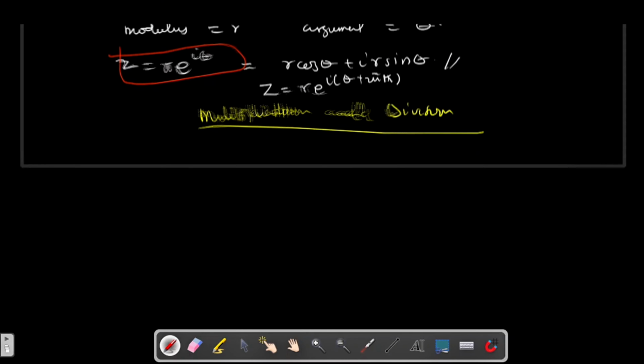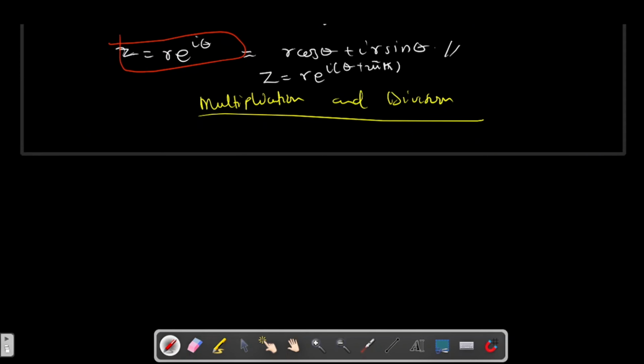Given any two complex numbers, z1 given as r1 e to the power i theta 1, and z2 given as r2 e to the power i theta 2, then my z1 z2 is simply equal to, whenever you are multiplying two complex numbers in the polar representation, you multiply the r's. That is, you multiply your moduli, so r1 multiplies r2, like this. Then the powers you add, so you have e to the power i open bracket theta 1 plus theta 2.